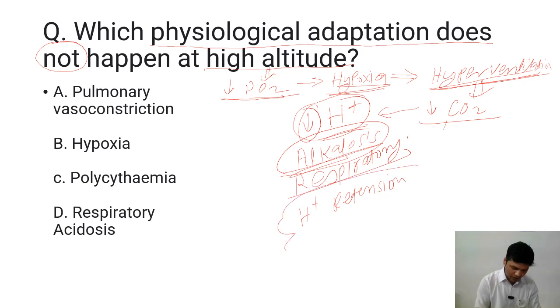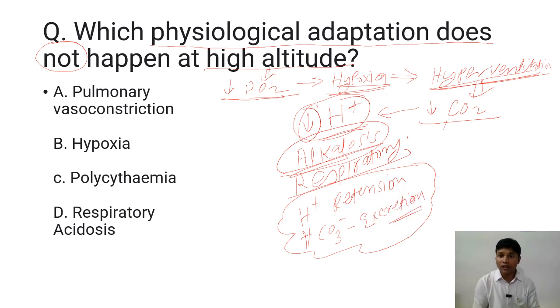I'm talking about the kidney: H plus retention and bicarbonate excretion. So in hyperventilation, the urine will be alkaline.